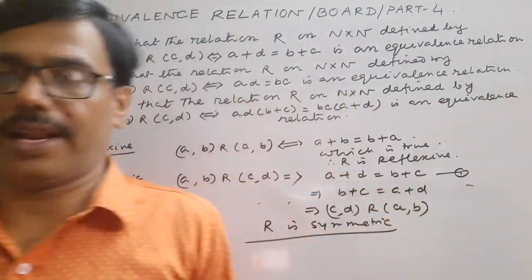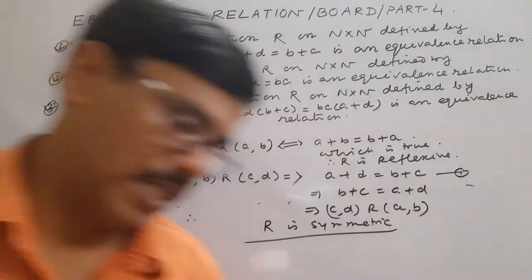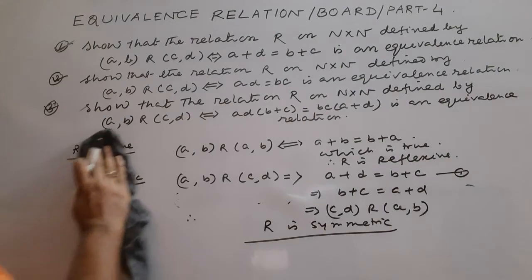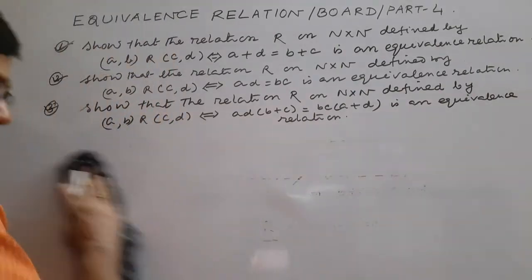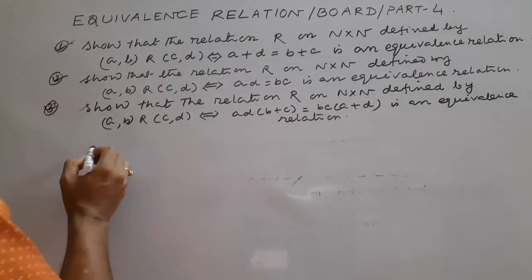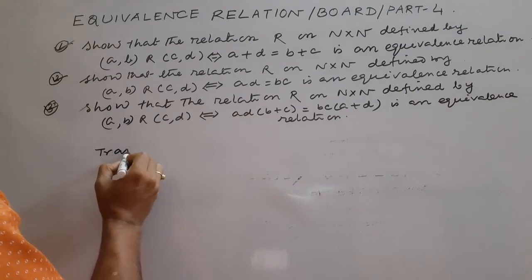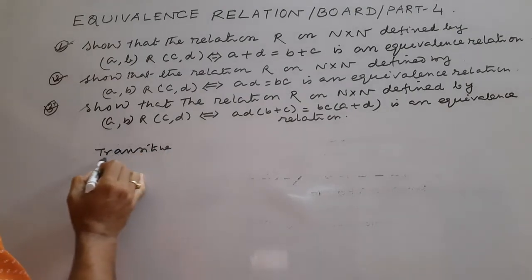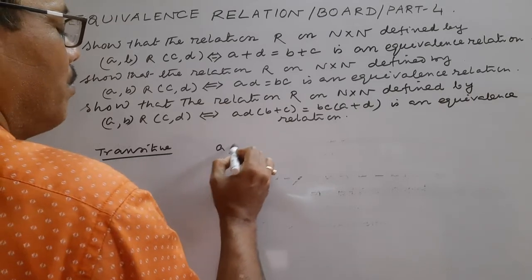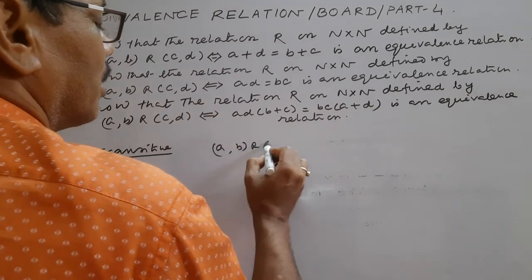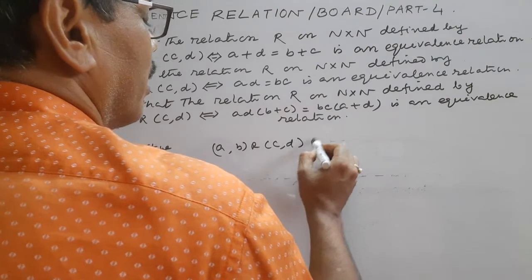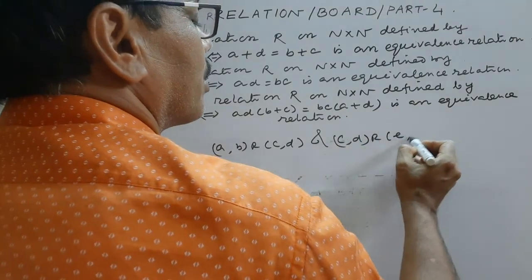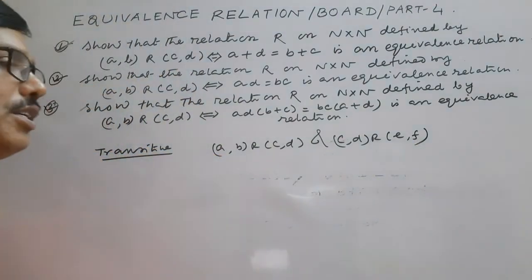Now transitive relation. For transitive, we verify the transitive relation. So (A, B) R (C, D) and (C, D) R (E, F) is given.